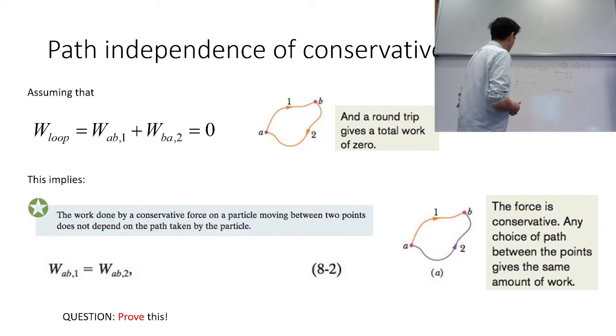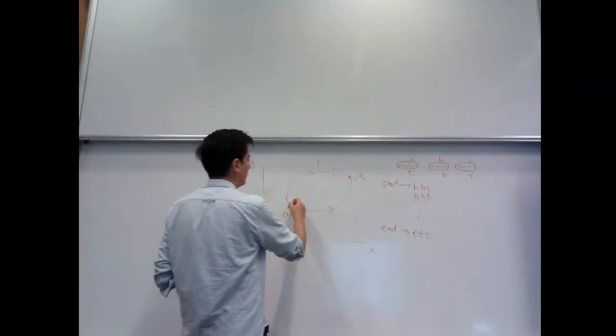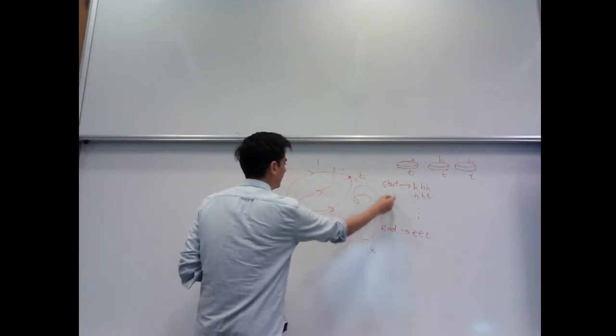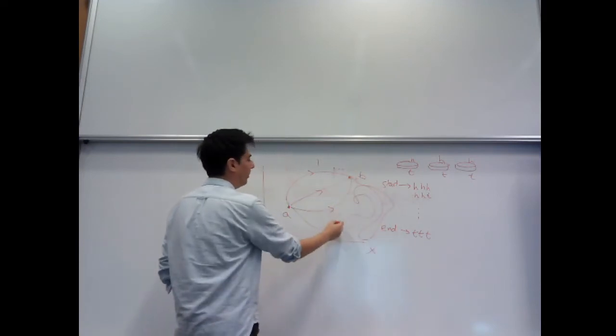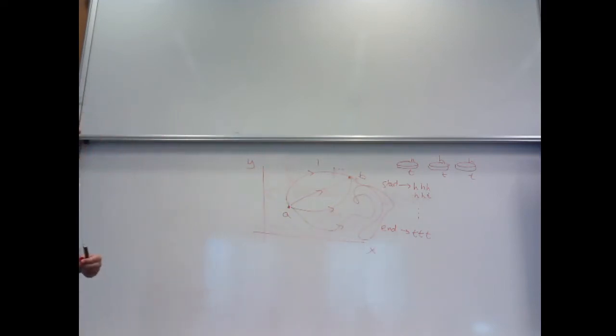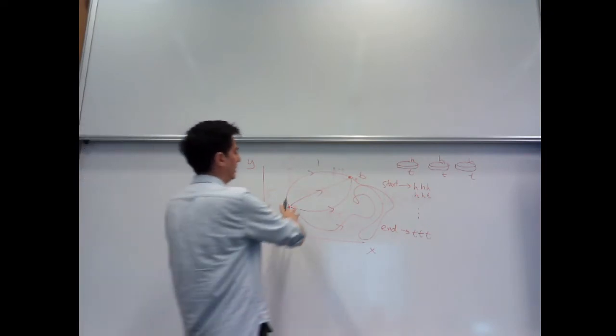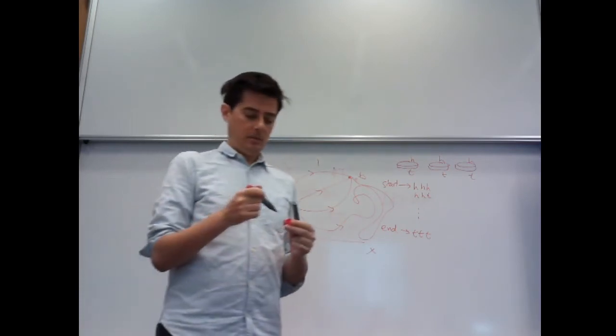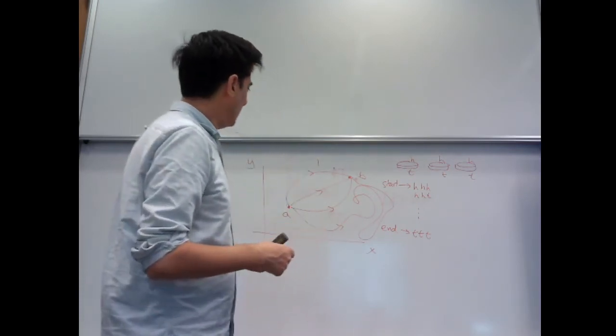And not only that, eventually if you know it's a conservative force, then you could do some weird path like this. And basically all those paths would have the same work. It wouldn't matter which path you chose, the energy would be the same.